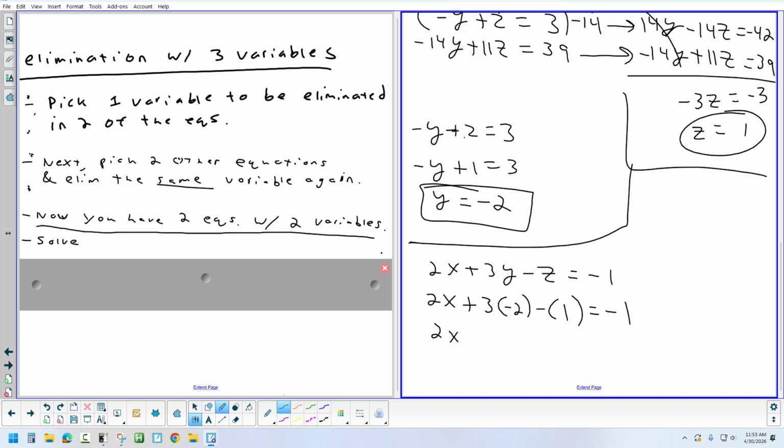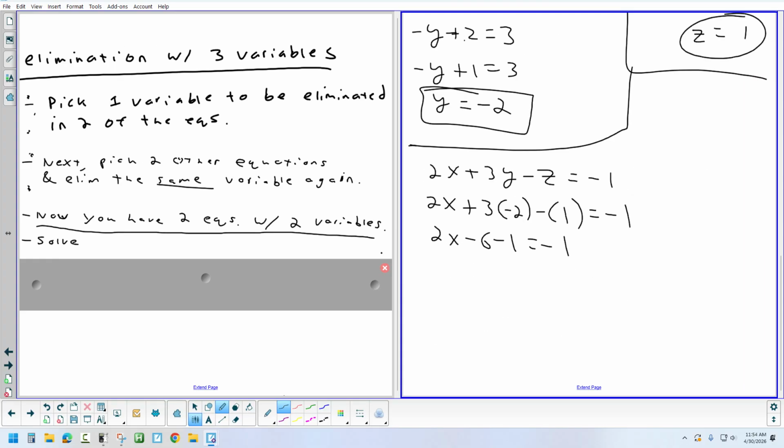So we get 2x. What's 3 times -2? -6. Combine like terms. What's -6 minus 1? -7. And then add the 7, we get 2x equals 6. And we get x equals 3.